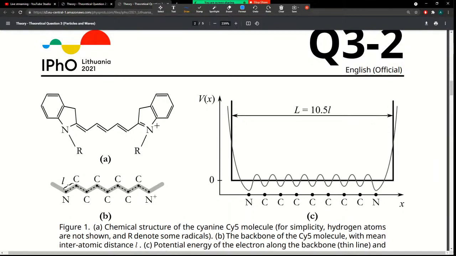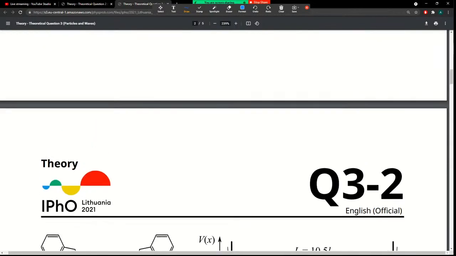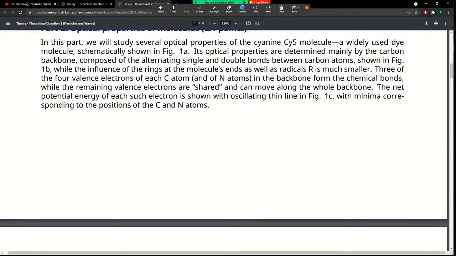Form the chemical bonds, while remaining valence electrons are shared and can move along the whole backbone. The net potential energy of each such electron is shown by the oscillating thin line in figure 1c, with the minimum corresponding to the position of C and N atoms.